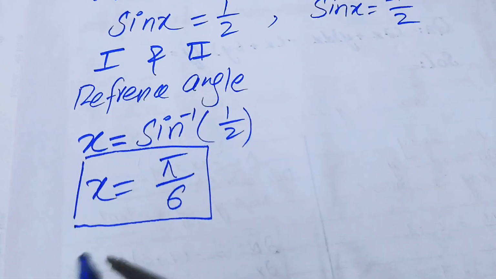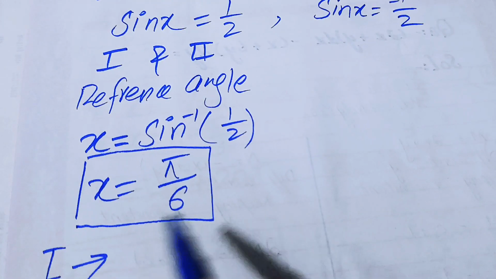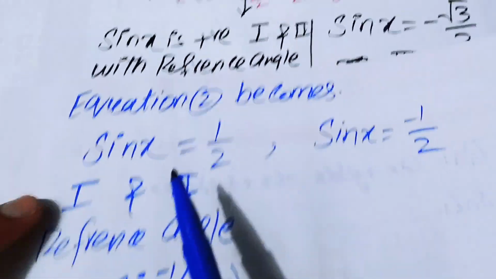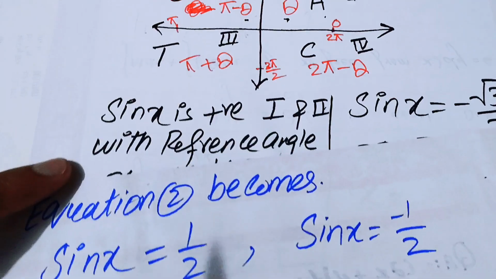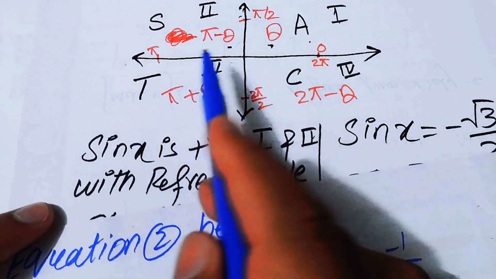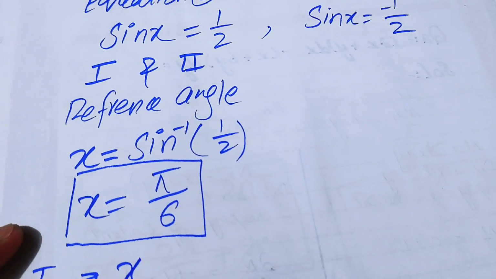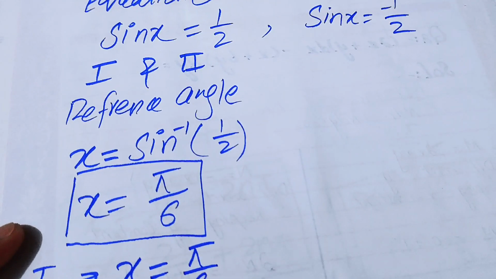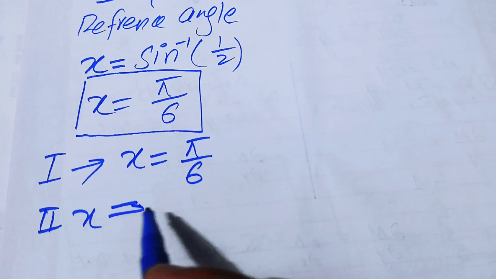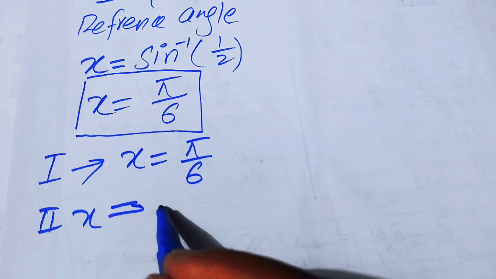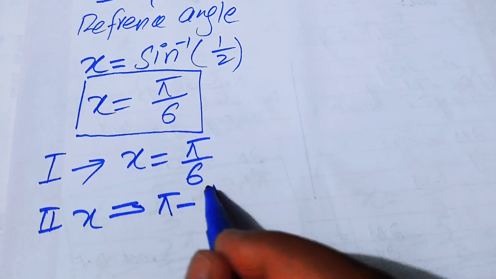Now in the first quadrant, the value of the angle is only theta, and in the second quadrant we have pi minus theta. So I can write x equals the reference angle for the first quadrant, and in the second quadrant x equals pi minus the reference angle, so pi minus pi by 6.